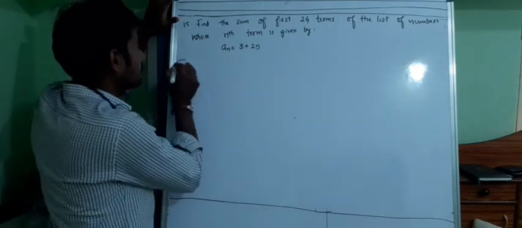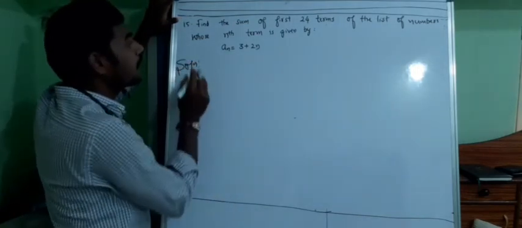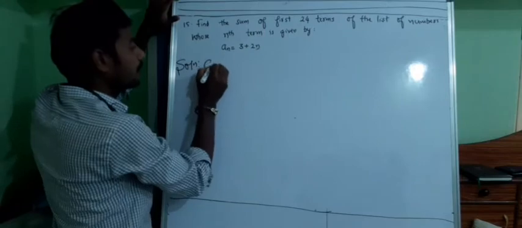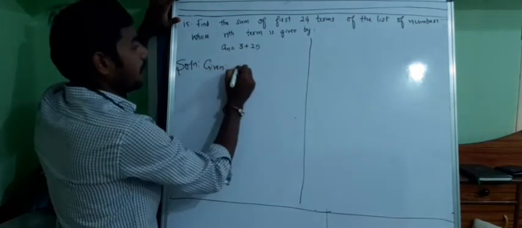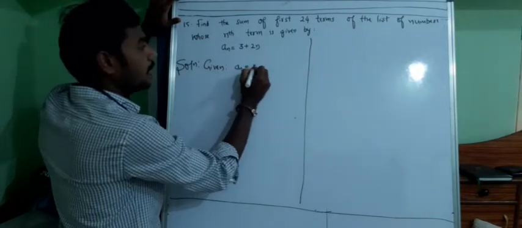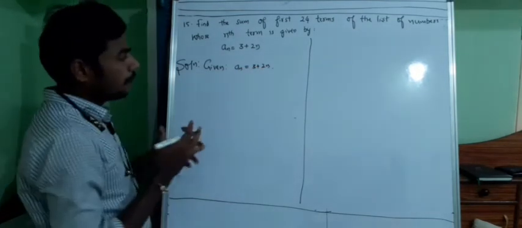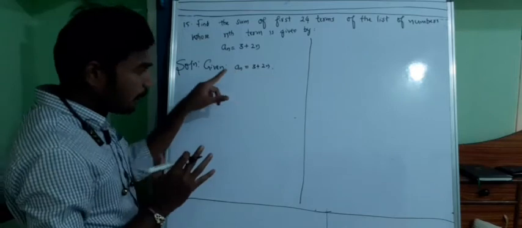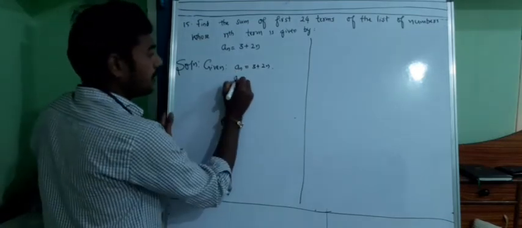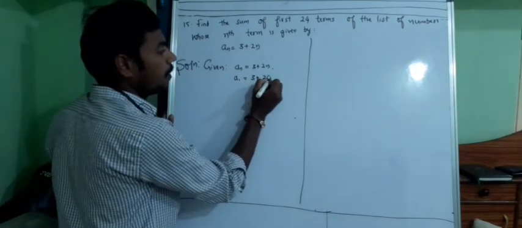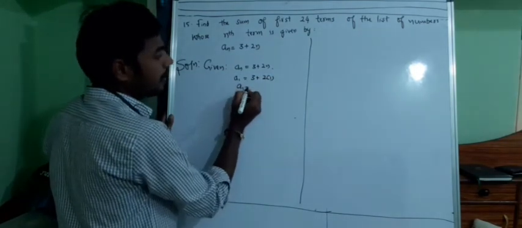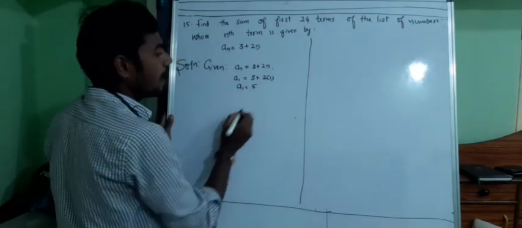See, look at the procedure. What is given to us? an is given: an is equal to 3 plus 2n. So in place of n, I will place 1. a1 is equal to 3 plus 2 into 1. a1 is equal to 3 plus 2, that is 5.